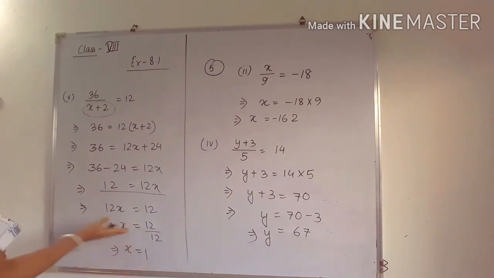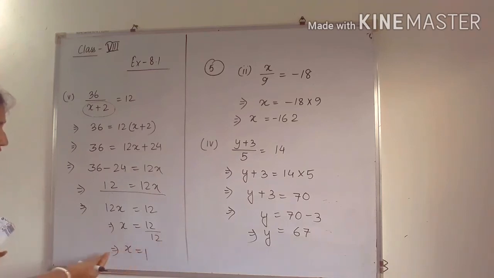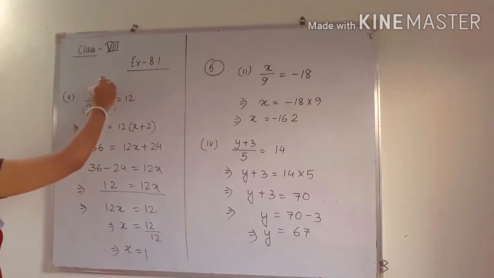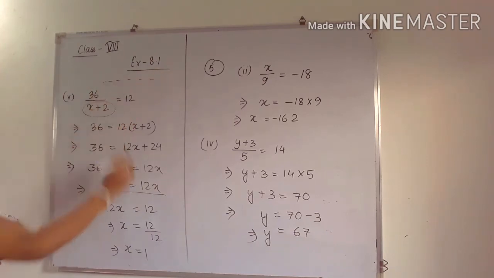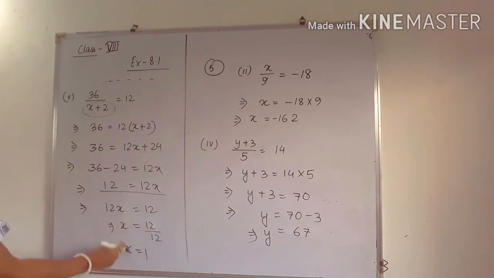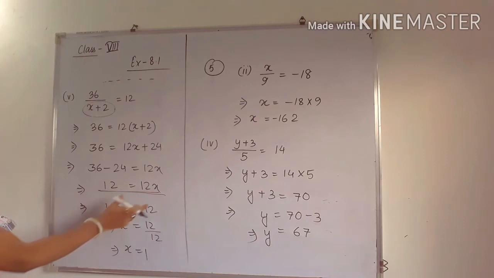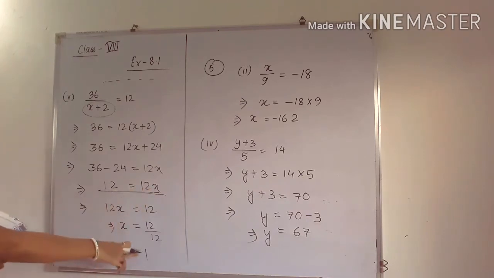When we go stepwise, we go from left to right, not from right to left, because whenever we are writing, we are writing from left to right. So here also, just write the unknown on the left hand side. For that only I have interchanged the left hand side with the right hand side. By this way, the value of x will be equal to 1.